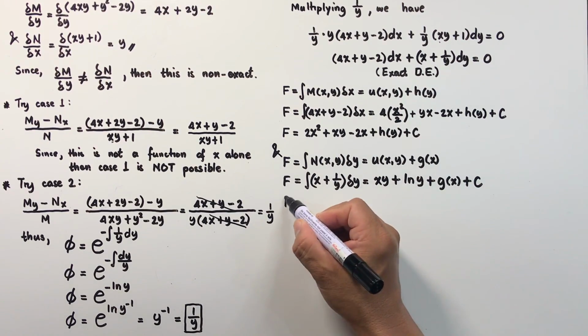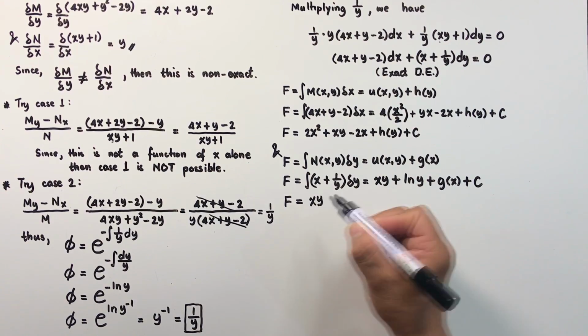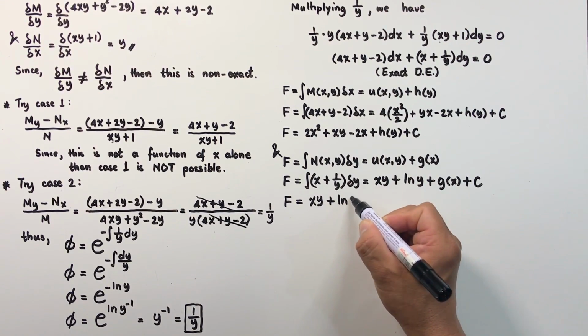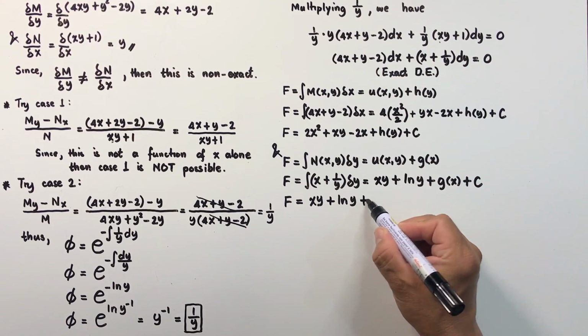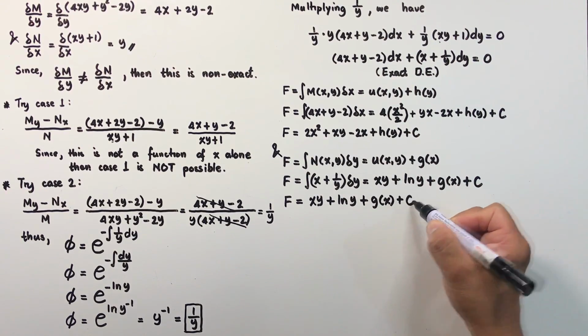So our big F is equal to xy plus the natural log of y plus g of x plus the constant of integration c.